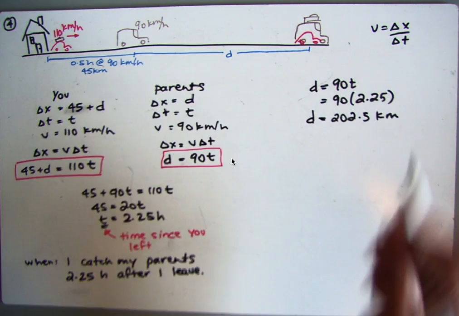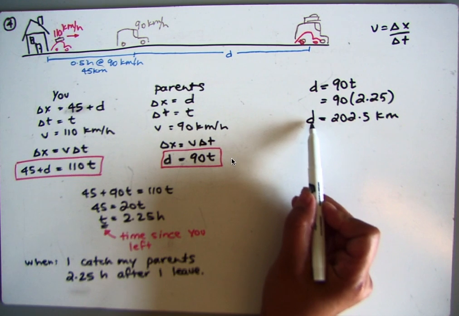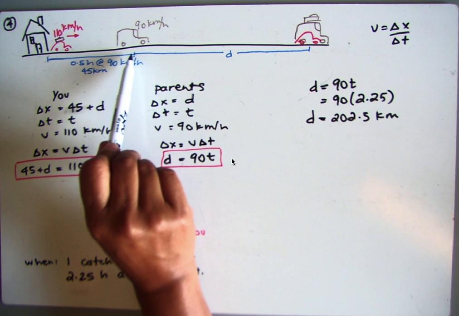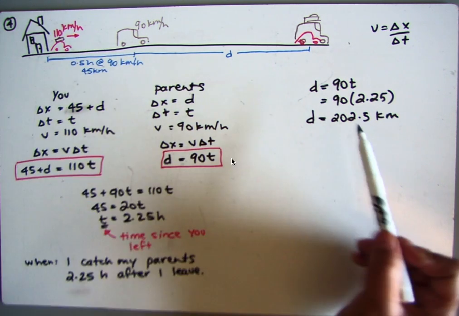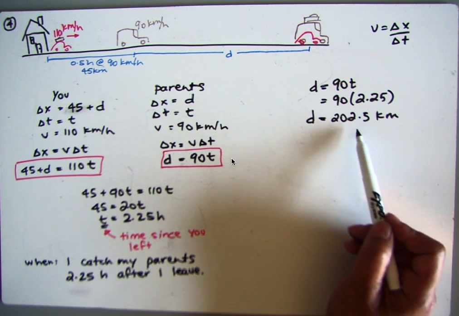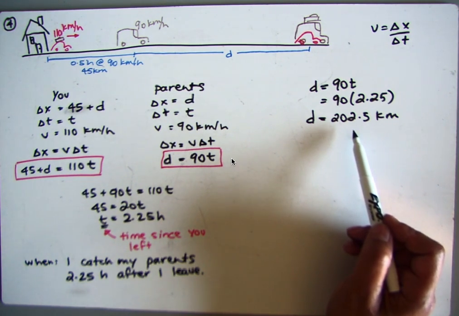Again, let's make sure we know what we're dealing with. We're actually solving for d. According to the way we've set up the problem, d means this point. So technically, you could say 202.5 kilometers from where my parents were half an hour after they left the house, but that's not very clear.